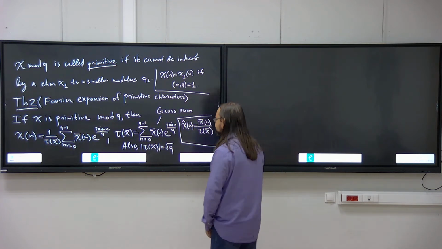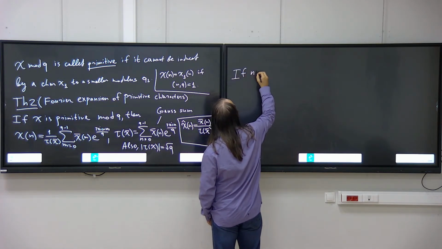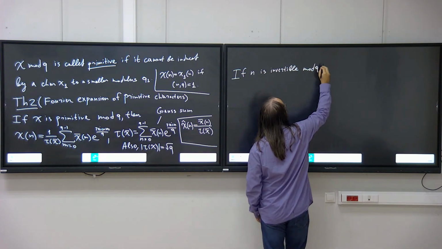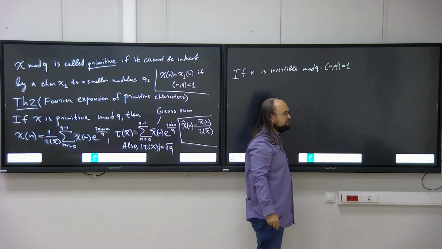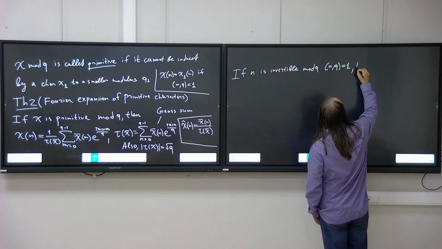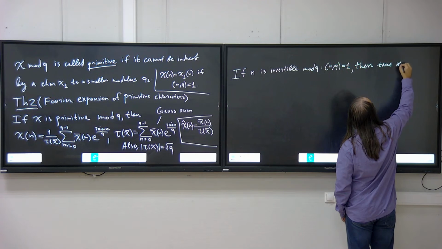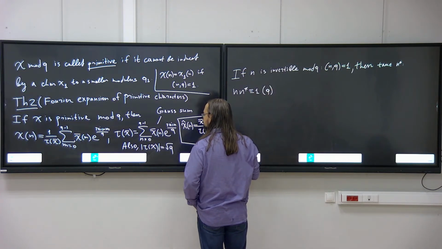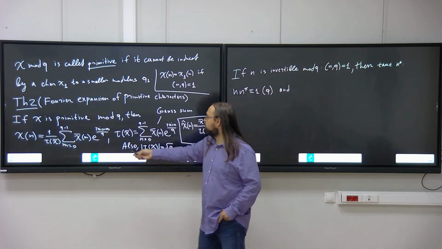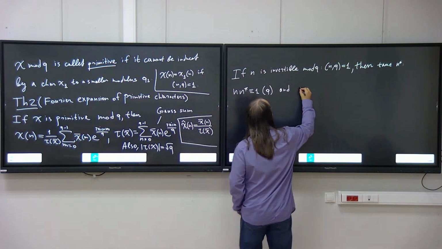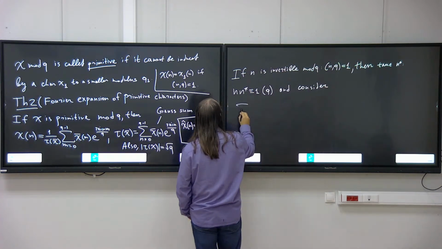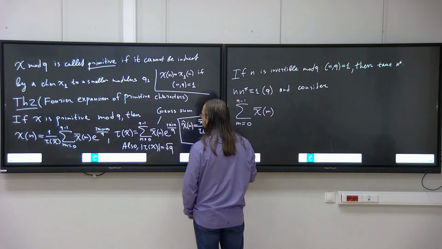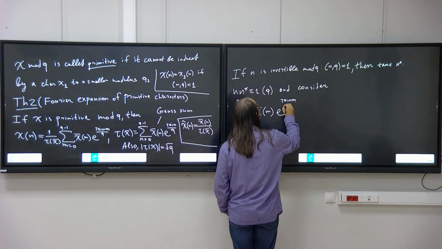How do we do it? So if n is invertible modulo q, that is the greatest common divisor of n and q is equal to 1, then take n star such that n n star is congruent to 1 modulo q, and let us look at this sum and make a change of variables and consider sum over all m from 0 to q minus 1 chi bar of m e to the power 2 pi i n m over q.